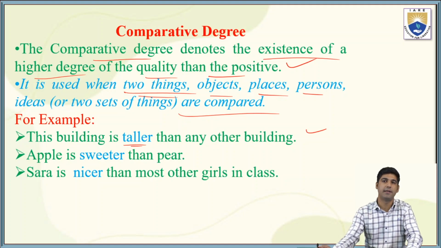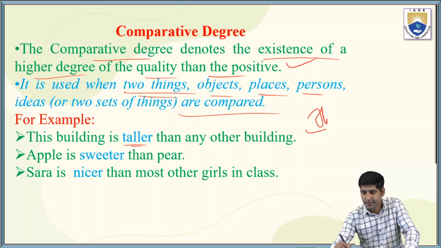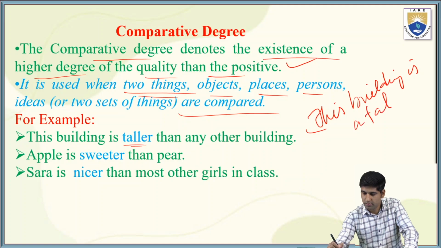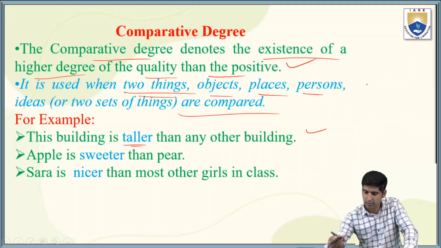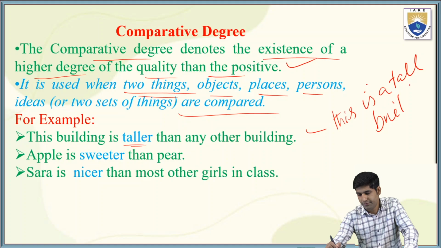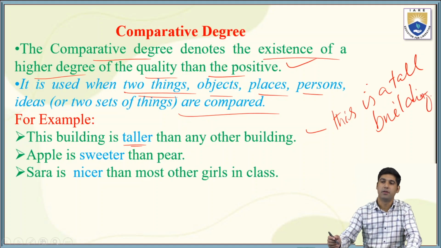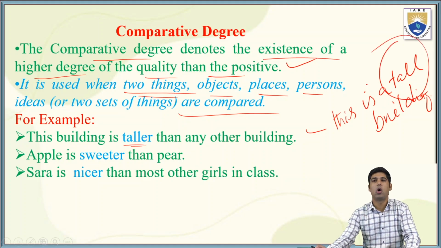Now again the same sentence. If I speak like this, this is a tall building. The adjective tall is not showing us any comparison.